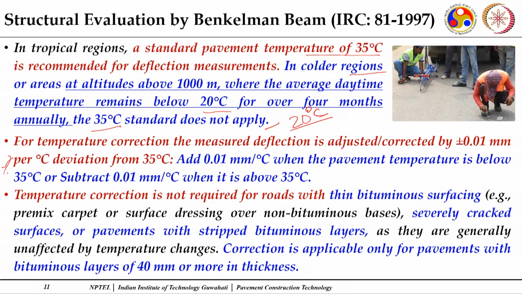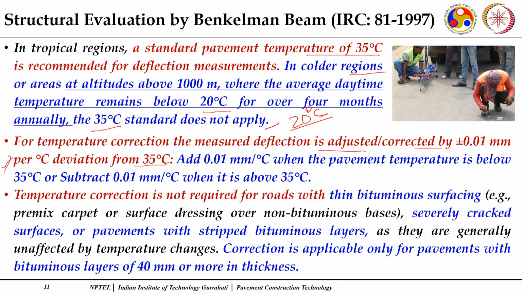Now, how are the temperature corrections applied? It says that the deflection is expected to vary linearly with the change in the temperature. So, the measured deflection is corrected by plus minus 0.01 mm per degree centigrade deviation from the 35 degree centigrade.